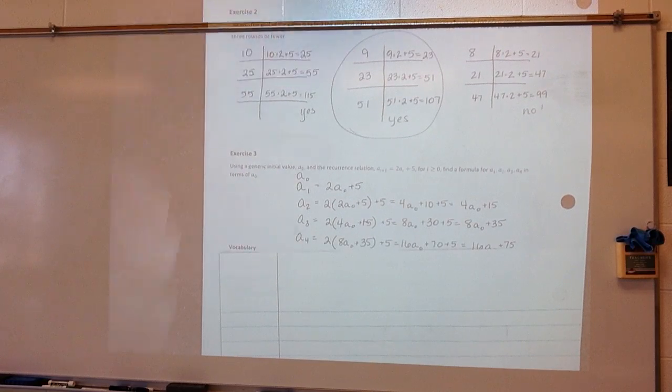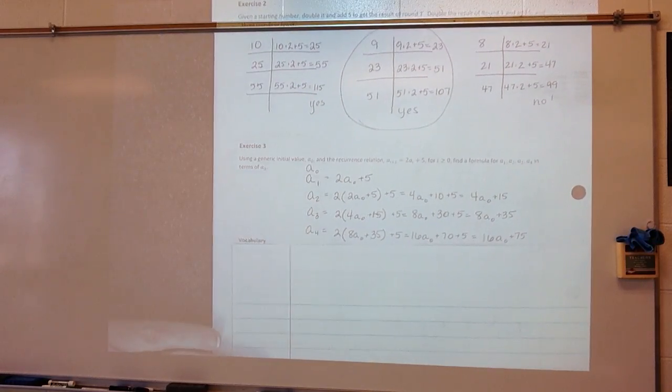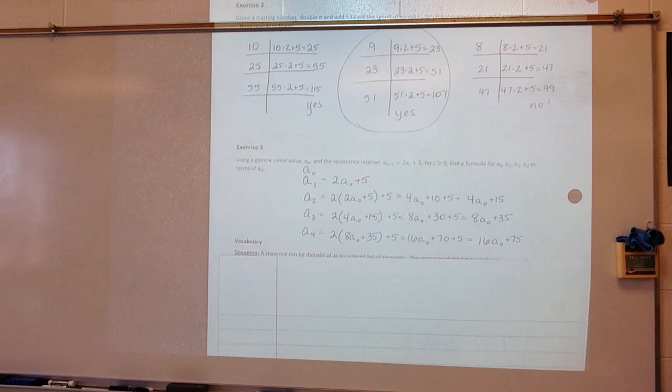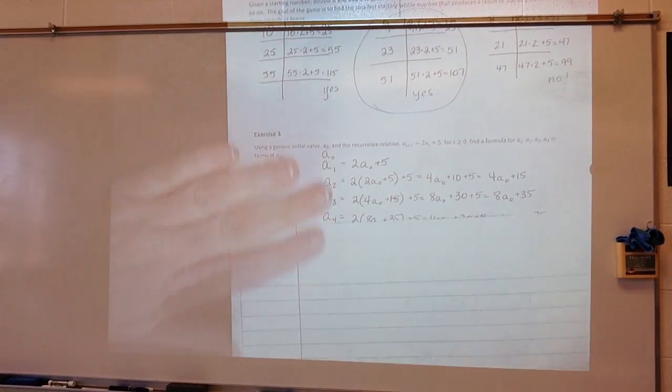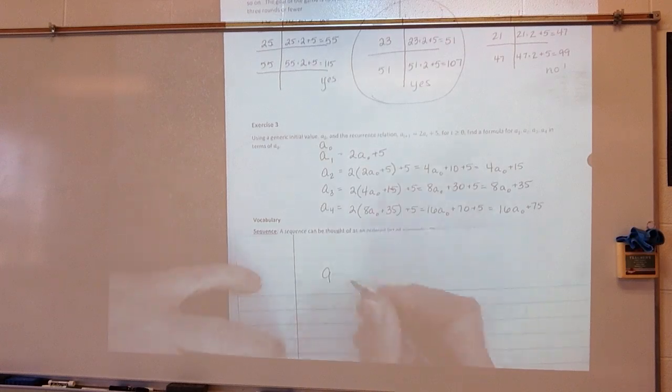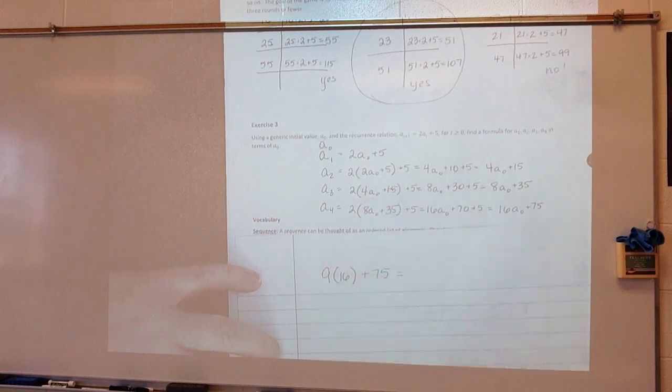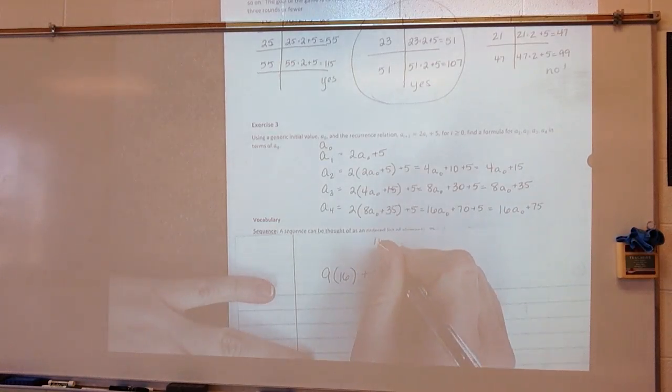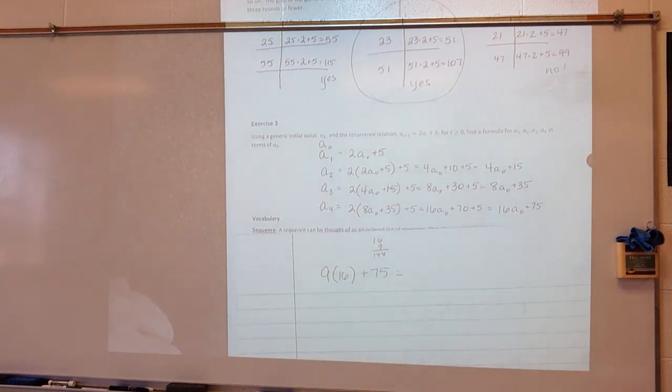Alright, so let's look at this. If I want to know, will I get 100 or greater in 3 rounds or less, then my shortcut would be this. Here's my initial value. Alright, so I'm going to multiply that times 16 and add 75. So that would be 9 times 16, 144 plus 75.